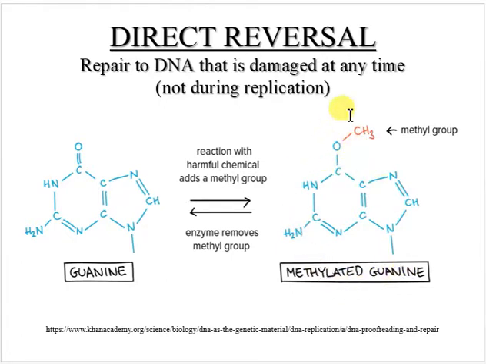So now you get this methylated guanine, and then that's detected and can be quickly repaired by just removing this methyl group. So again, you're not causing any incision in the DNA backbone, you're simply removing that troublesome group.